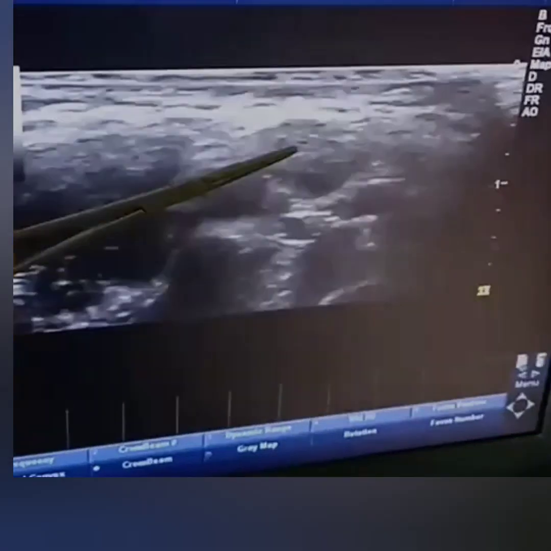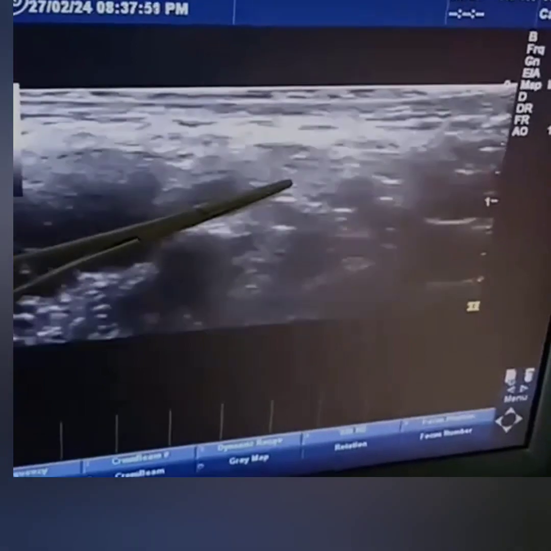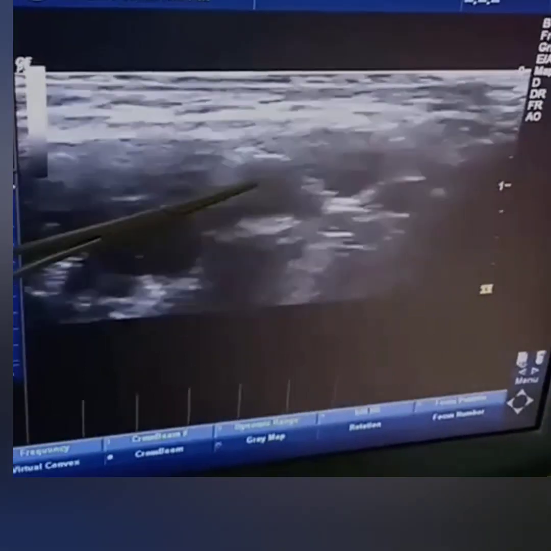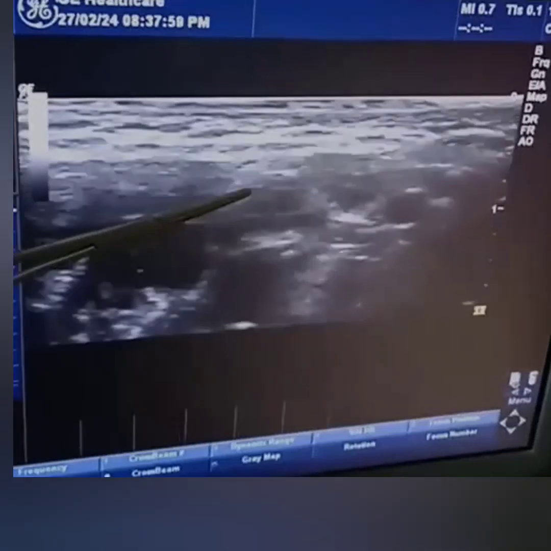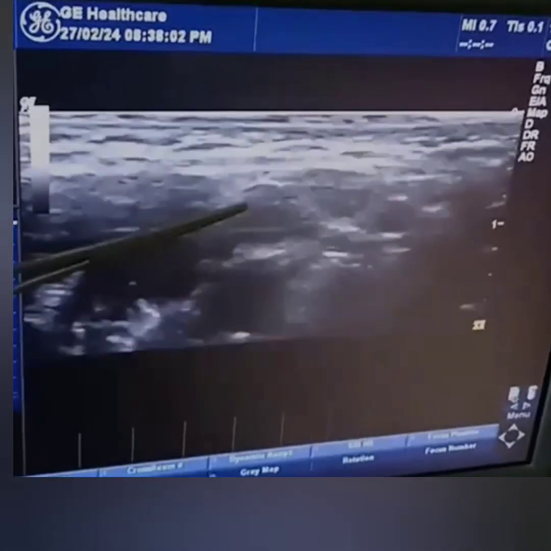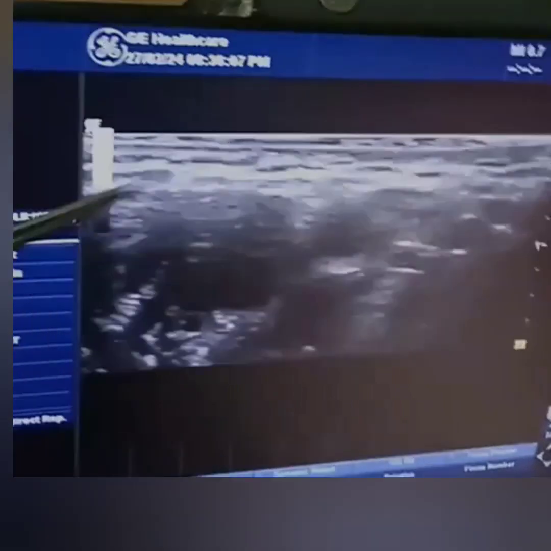I'm compressing it. And now on the artery, this is the artery. It's not getting compressed. So we are not going to inject any drug either in the vein or in the artery. This is why we do ultrasound guided procedures. We need to see the tip of our needles.